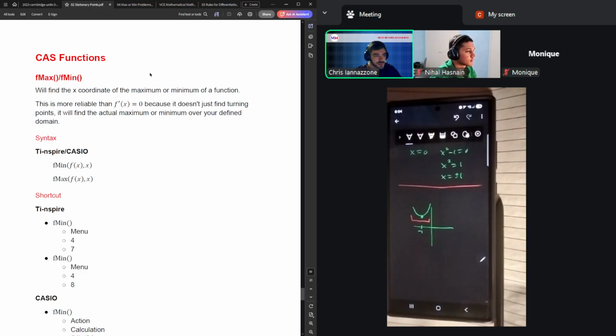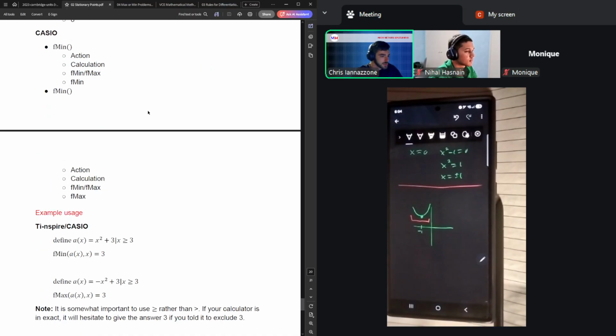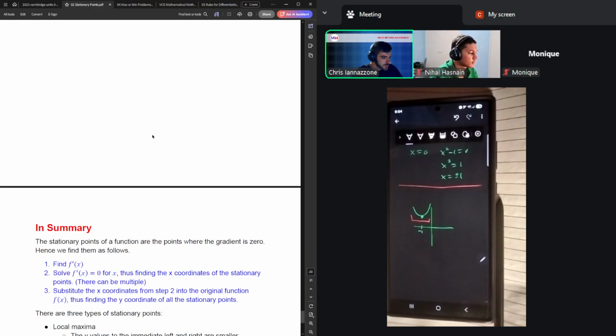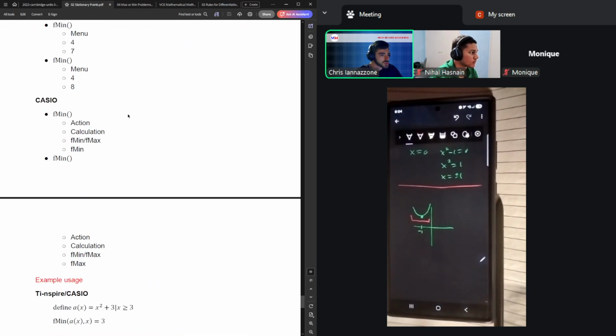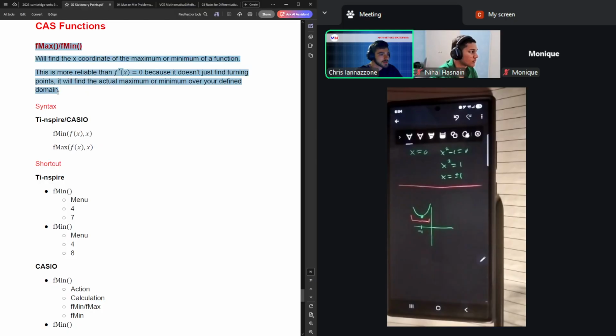So if it wasn't a stationary point, it would find that as well. That's probably the main thing. Just make sure that you put domains on that, as it gives you a bit more information, because you can then restrict your domain accordingly.